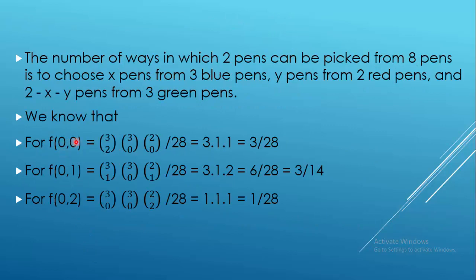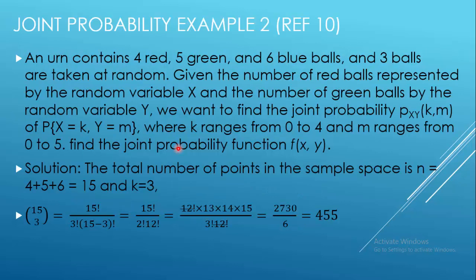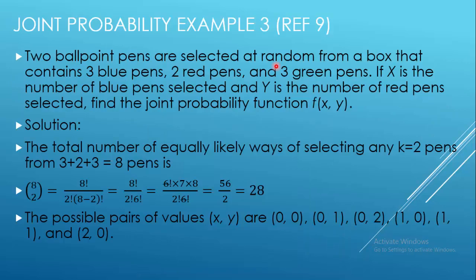So again we will use the same formula over here, but this time the value will change, because there we had 6 blue balls. If red and green are not chosen, then we had to pick all 3 balls from the 6 blue balls. But over here x is representing blue ball pens and y is the number of red ones, and we have got 3 green pens.